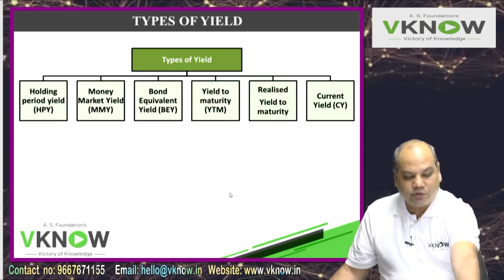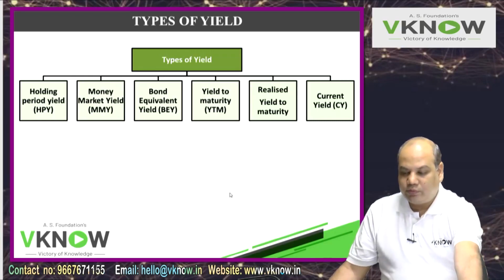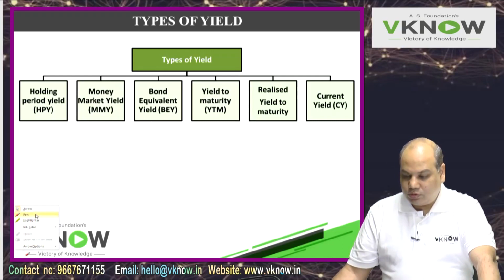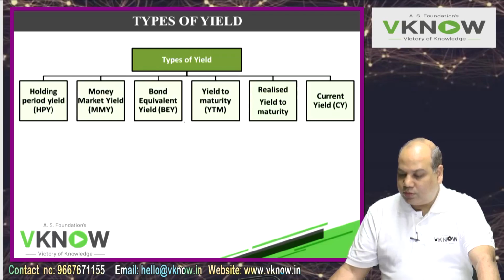The third part of this chapter deals with various types of yield. Out of this, in the exam, the two more common ones they are asking are yield to maturity or realized yield to maturity, and sometimes they also ask current yield, but we are also going to discuss other types of yield.